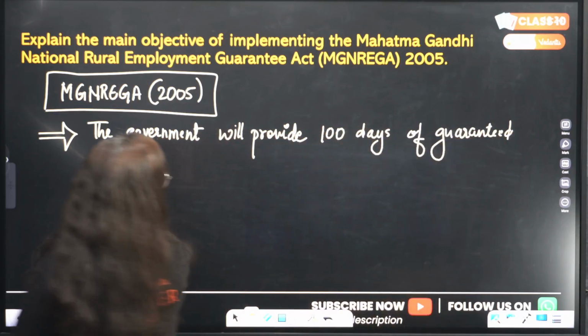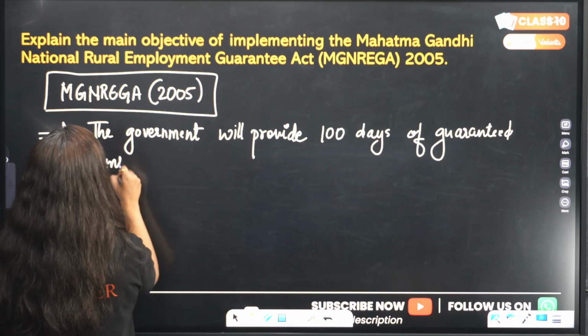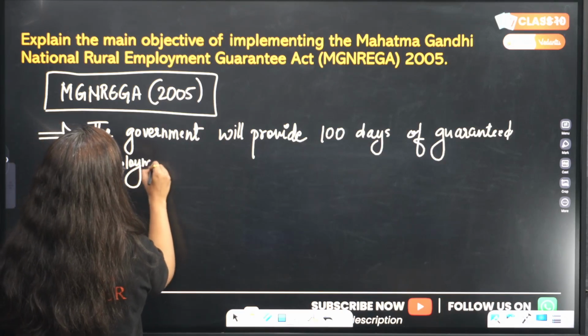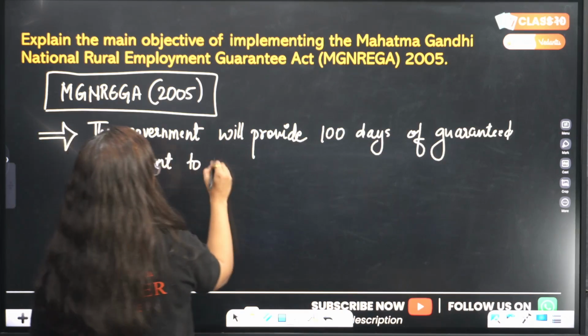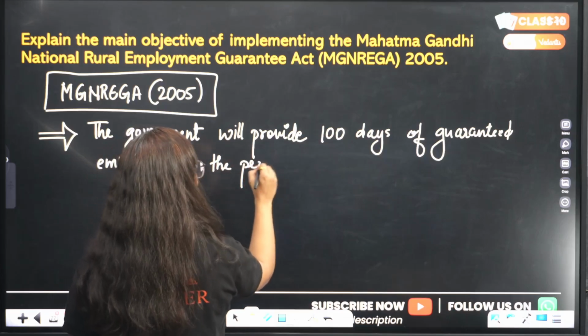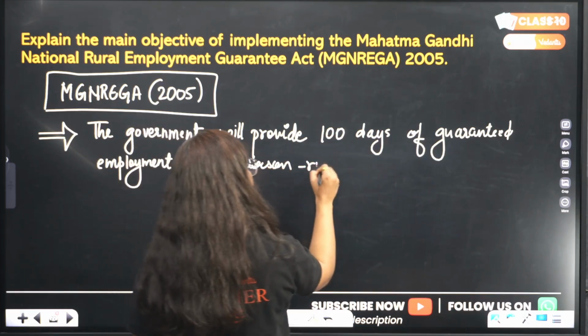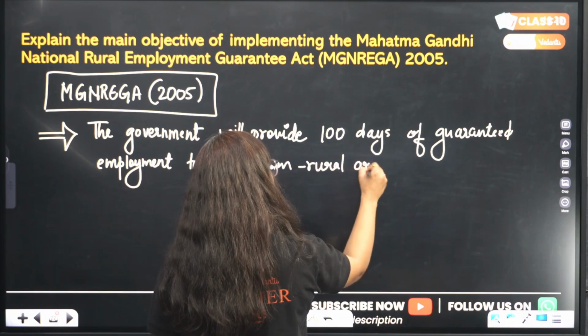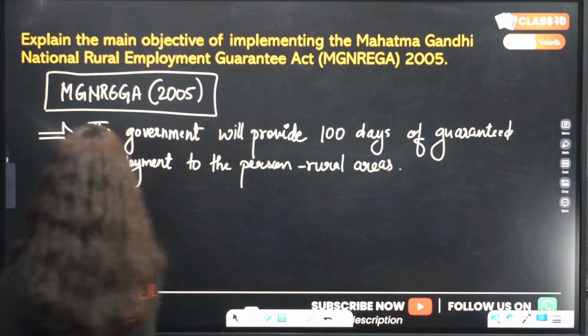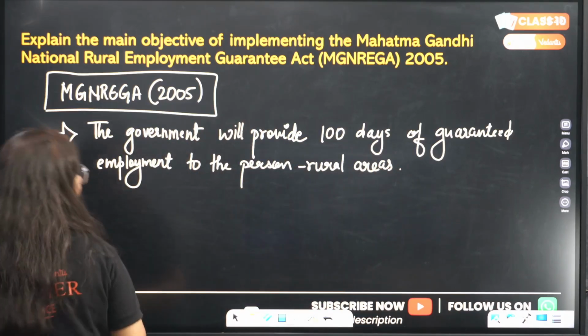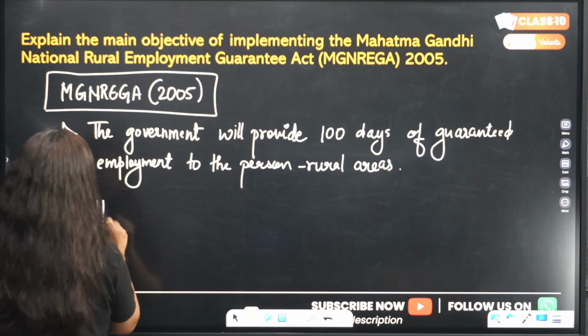100 days of guaranteed employment to the person who belongs to rural area. Fine. ठीक है. अच्छा, what if you are unable to do that, right?